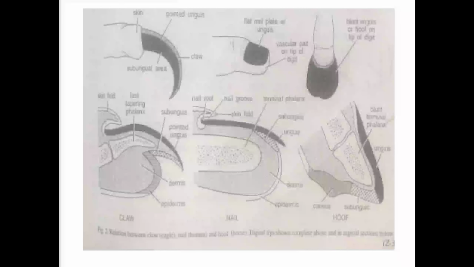The tip of the digit below the nail is highly sensitive, and it forms a highly vascular pad that is sensitive to touch. Now the hoofs: these are characteristic of ungulate or hoofed mammals only. Unlike claws and nails, the unguis here is U or V shaped. The subunguis is also U shaped.